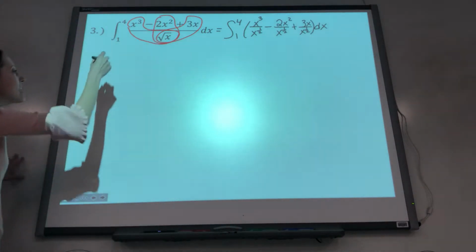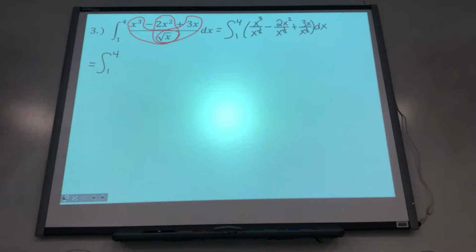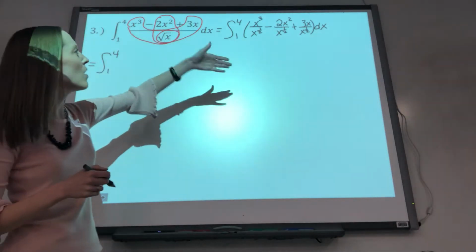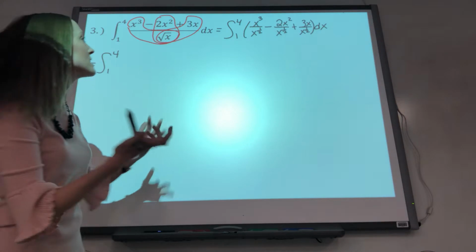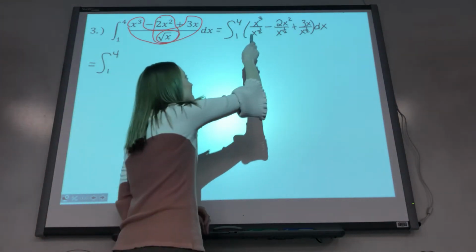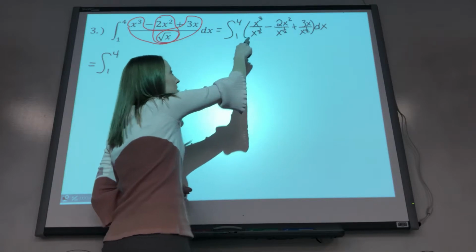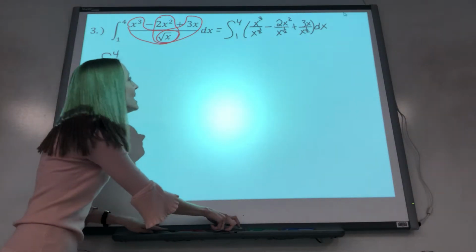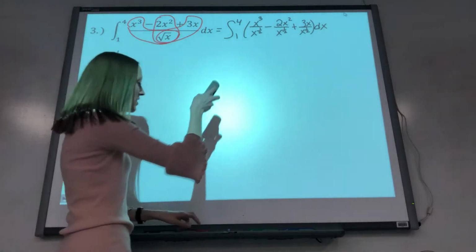And I'm really not done simplifying. I'm going to continue this on the other side. But now I have to think about what to do with those x's. We actually just talked about this in algebra the other day. Anytime you divide with the same base, you subtract your exponents. Now, it might be helpful to think about common denominators.